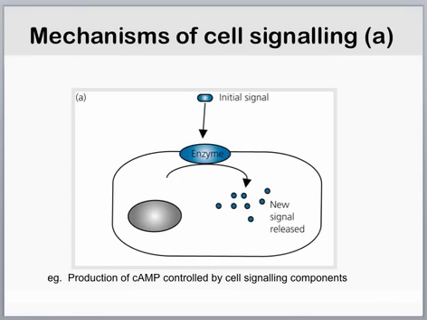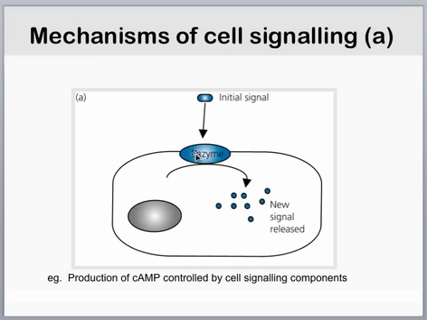So here's an image from, again, the Hancock textbook, which discusses the initial signal giving rise to a second messenger here. An example of the second messenger I've just been discussing is the cell manufacturing this cyclic AMP from ATP.